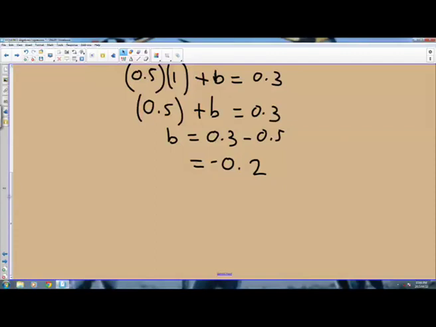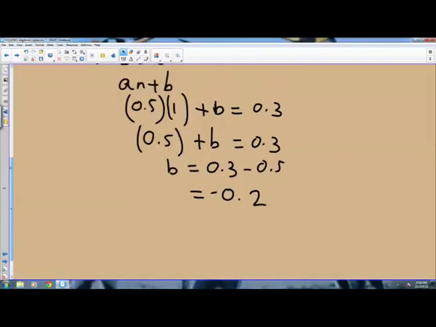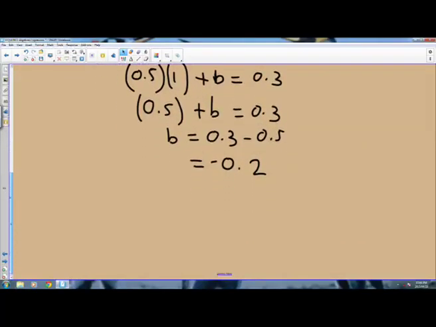And then you are now to represent this in algebraic form. Remember, A is equal to 0.5, and then B is equal to negative 0.2.